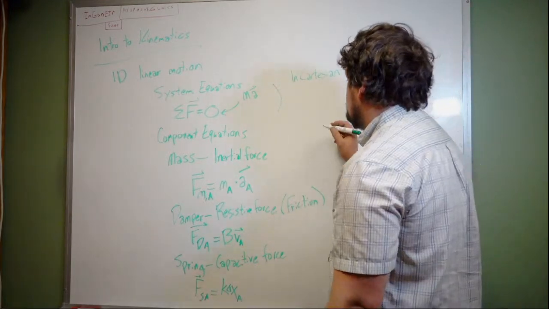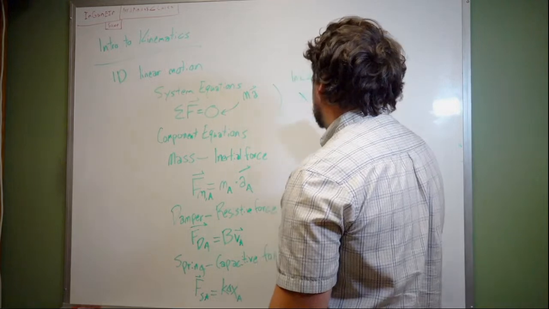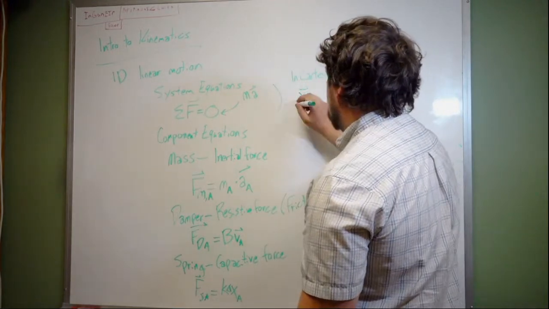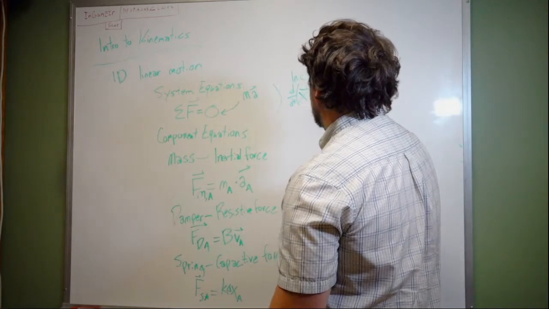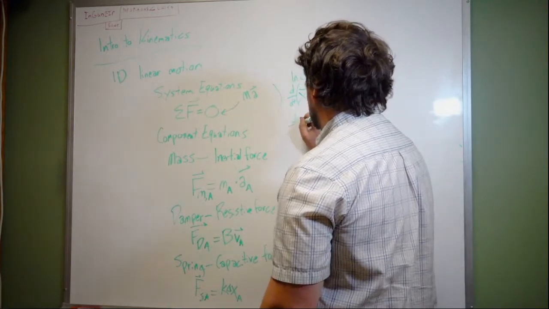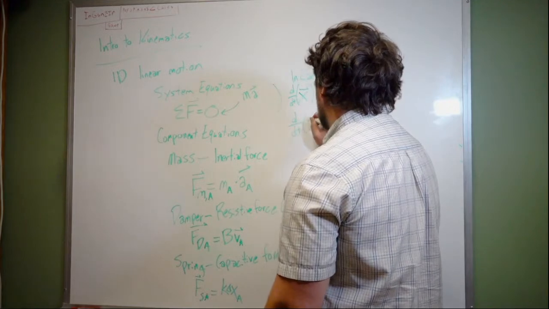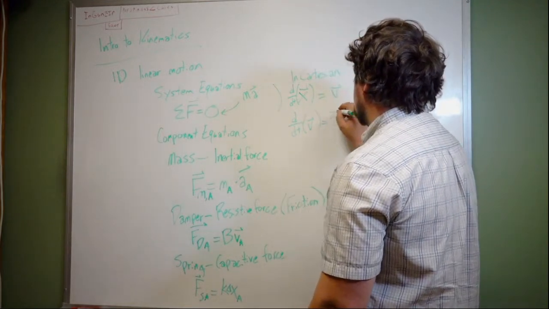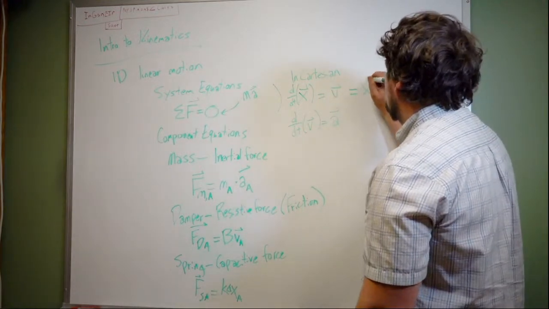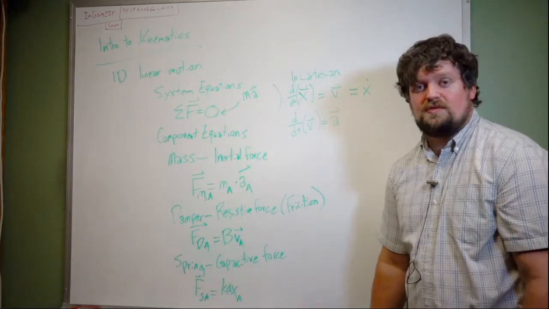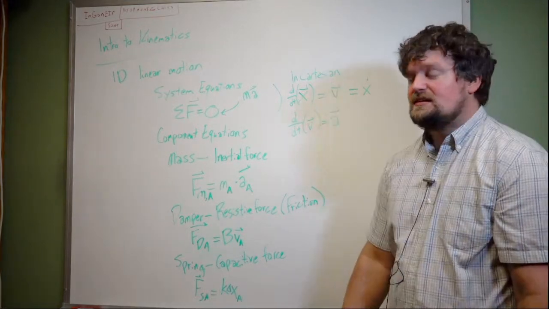But in Cartesian, what you have is the time derivative of your displacement is equal to your velocity, and the time derivative of your velocity is equal to your acceleration. Okay? Oftentimes, this is, in this class, going to be designated by an x dot.